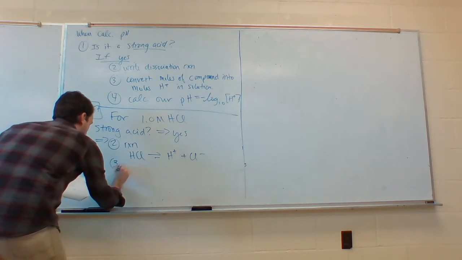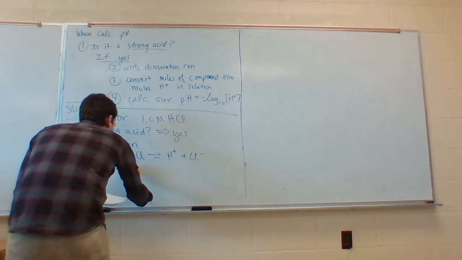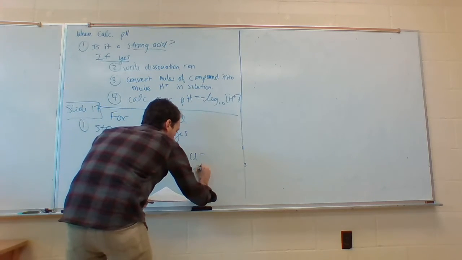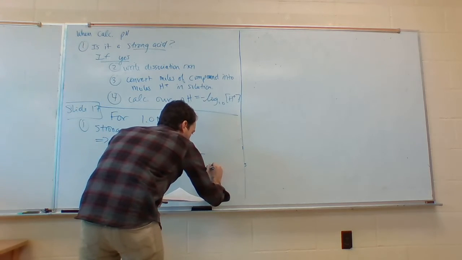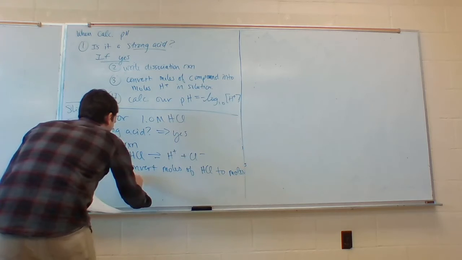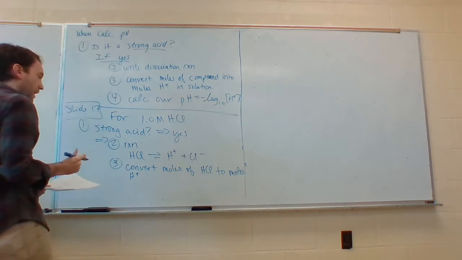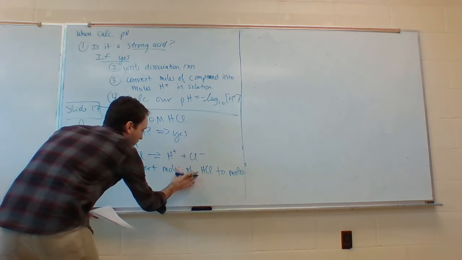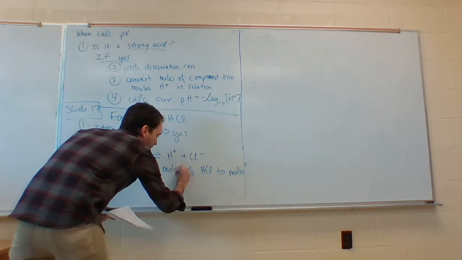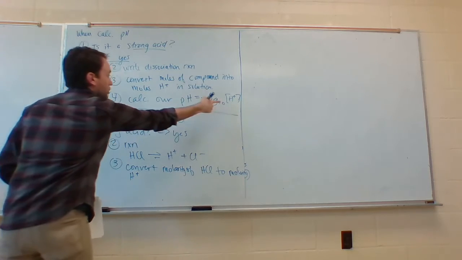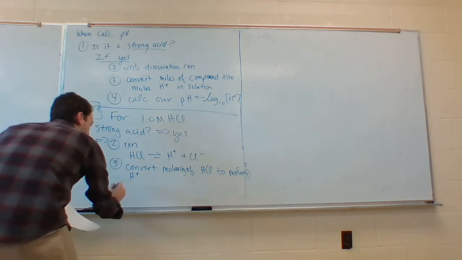All right, then as step 3, we need to convert moles of HCl to moles of H plus, okay? And I would say we should probably just convert our molarity to molarity, because we're going to need our molarity to plug into our pH equation, right?